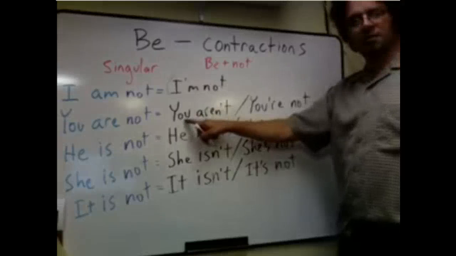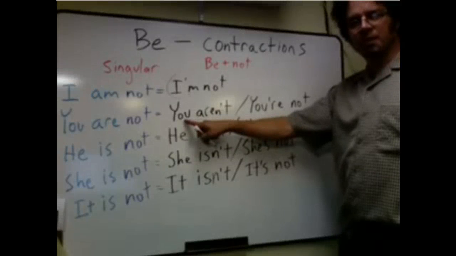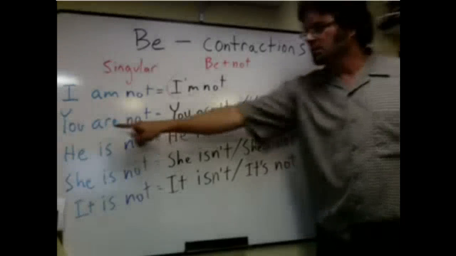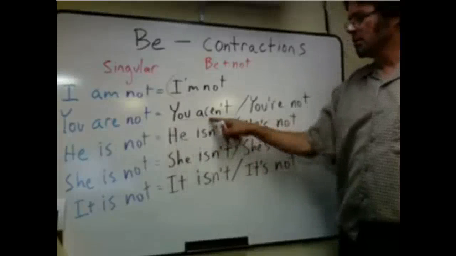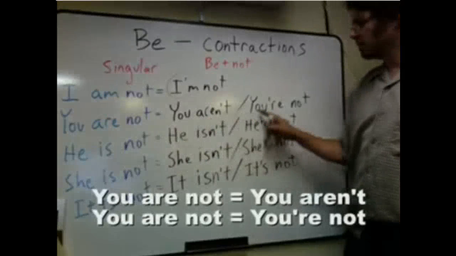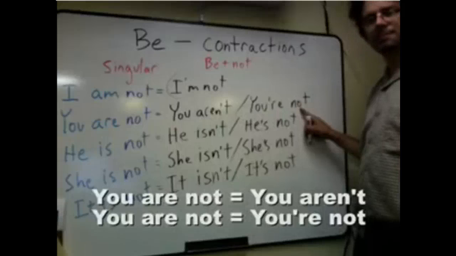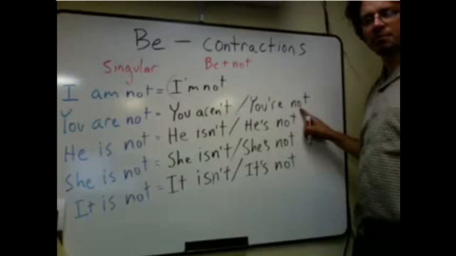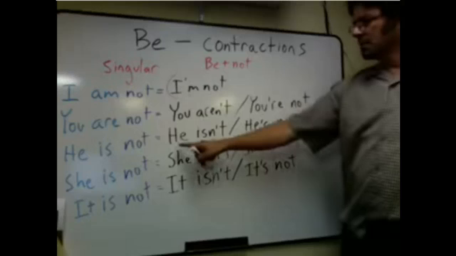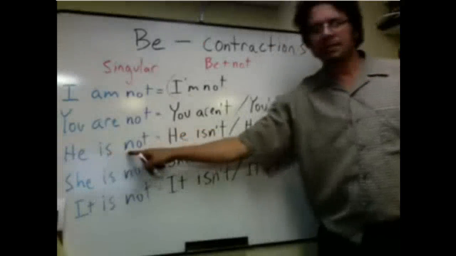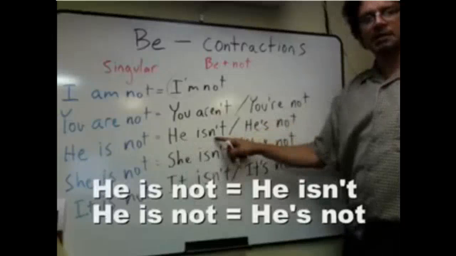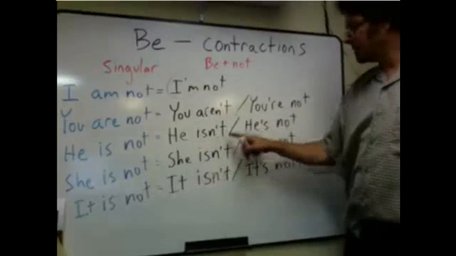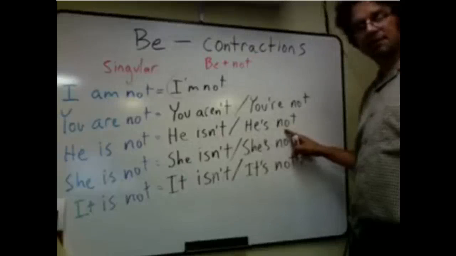All the other subject pronouns have two possibilities. You are not, you aren't, or you're not. They're both good. He is not becomes he isn't or he's not.